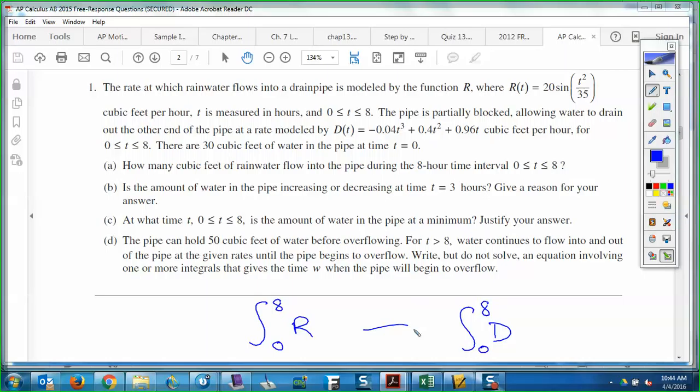So do we just set that equal to 50? Well, first of all, we can't have 8s there, right? Now why wouldn't I put T there?